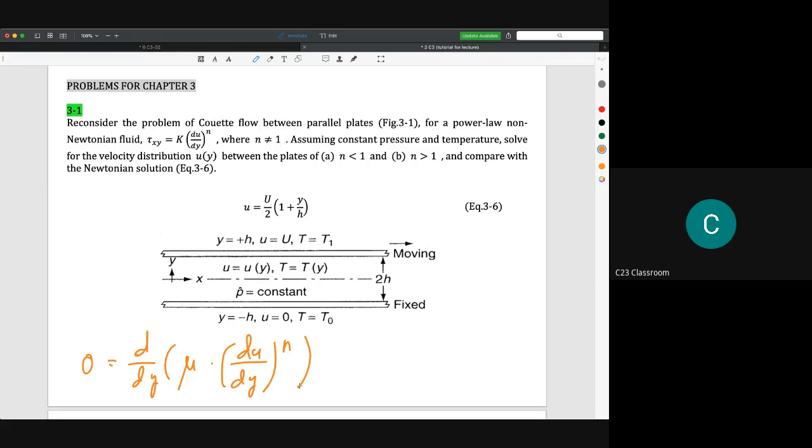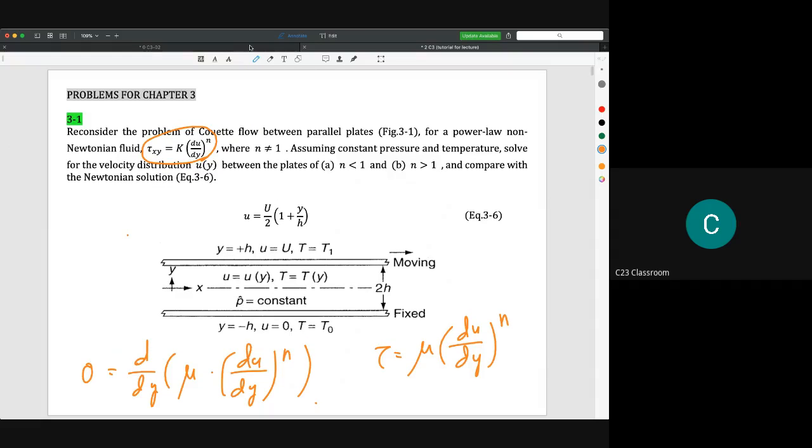This is the idea of tau. We know that tau is equal to, let's say k is equal to mu, tau equal to mu times du/dy to the power of n. And then if you see the equation here, oh, I'm sorry, this one.